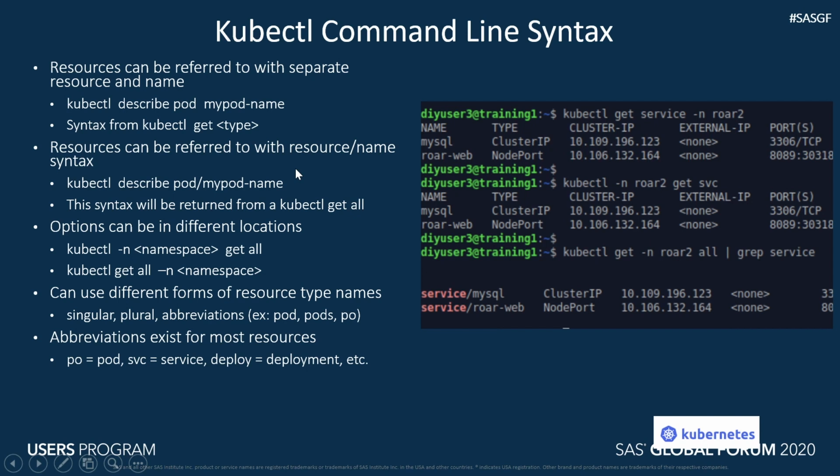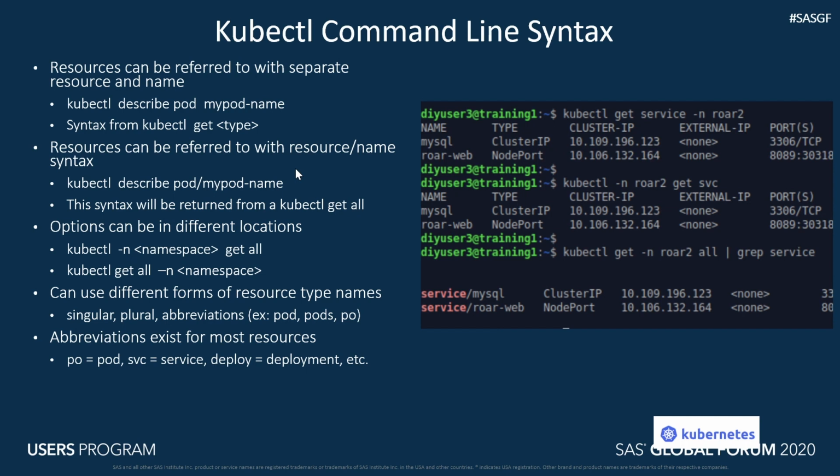The kubectl command line syntax, the takeaway from this is the syntax can be in a couple of different forms. We're talking about the objects here. We've already talked about this idea of having the command, the type of object, the flags, and so on in there. What we want to point out here is if you look on the right-hand side, kubectl get service -n roar2, what that is saying is list out the Kubernetes services that are in this namespace -n roar2.